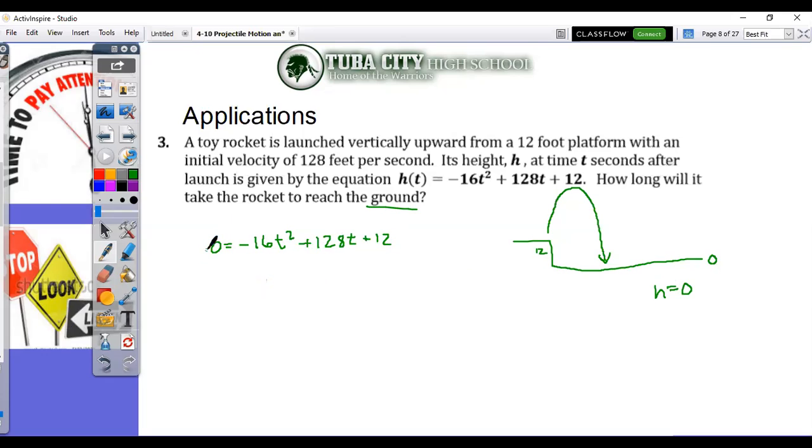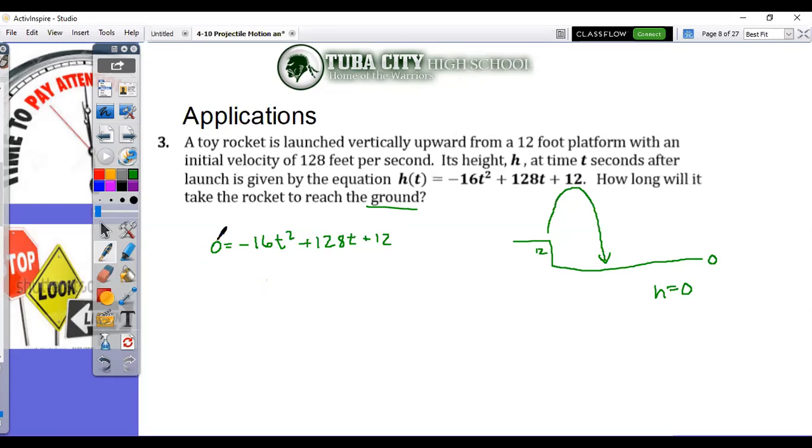So there you go. By plugging h as 0 into the formula, I'm saying, what is the time when h is 0? Okay, so again, you have to take the clues that you have and plug it in.